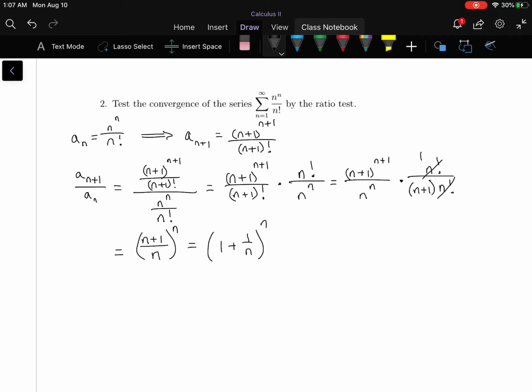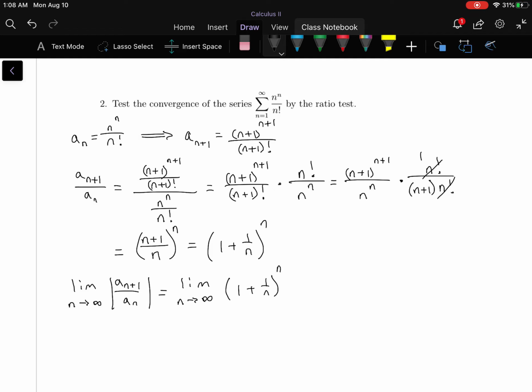And so now we are ready to look at our limit. So we want the limit as n goes to infinity of a_(n+1) over a_n. And in particular, what we're actually interested in with the ratio test is the limit of the absolute value, which is the limit, now we're ready to plug in, of 1 plus 1 over n to the nth power.